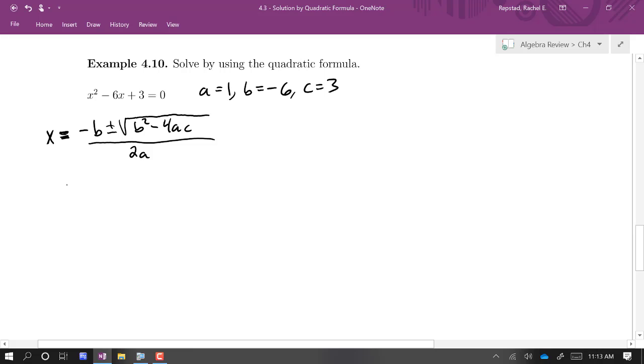Now I'm going to throw in the values. So negative b, if b is negative 6, negative b is positive 6, plus or minus the square root of b squared minus 4 times 1 times 3, all over 2a. That's 2 times 1. Now I'm going to simplify.